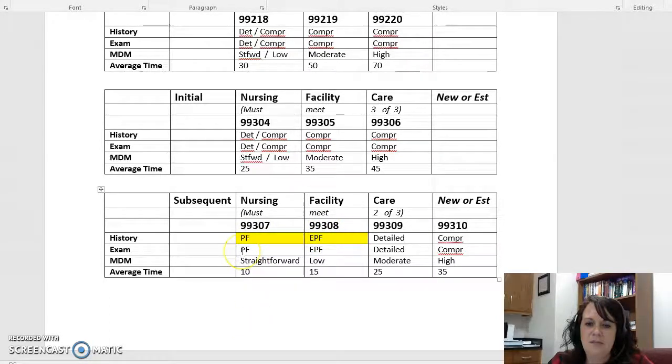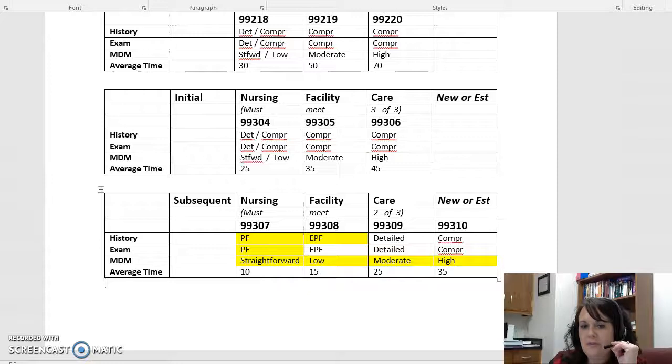If he just did a problem-focused examination, but medical decision-making was high, okay, and my box looked like this.